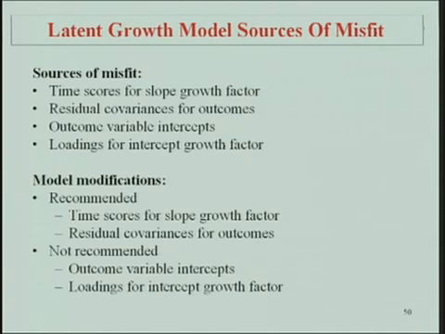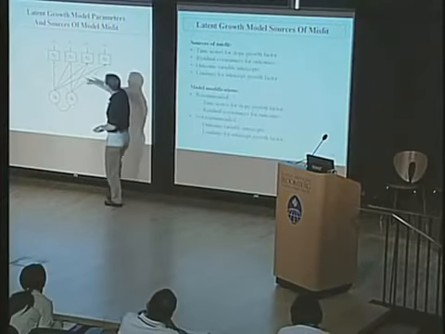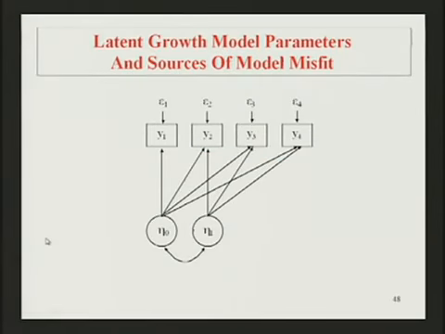Well, the time scores for the slope growth factor, 0, 1, 2, 3 in this case. Look, I have not drawn this path. It's 0, so you immediately now see that I've centered, so to speak, at time 1. A.0 is the initial status, therefore. And so here you can draw coefficients 1, 2, 3 for x1, x2, x3, and x4.